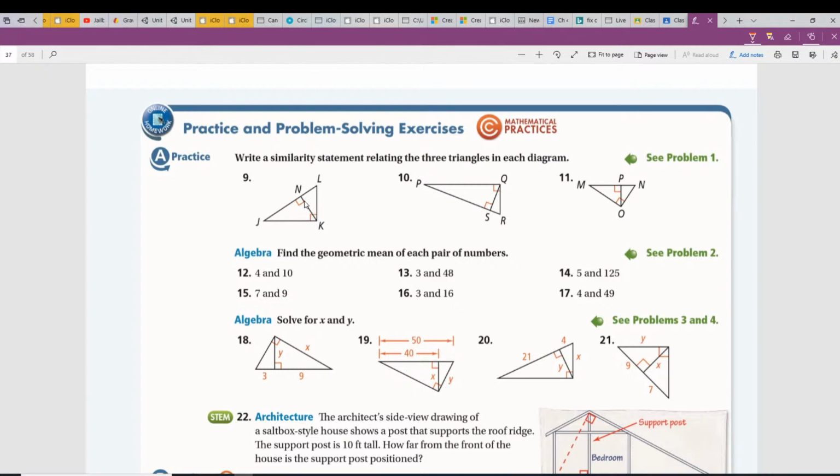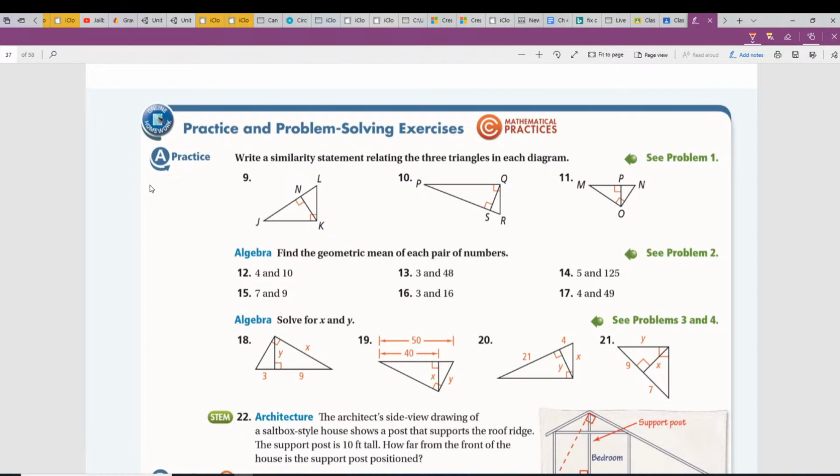Now, when we have situations like this with two altitudes, the thing we know from this type of diagram is that all the triangles that are visible are similar.